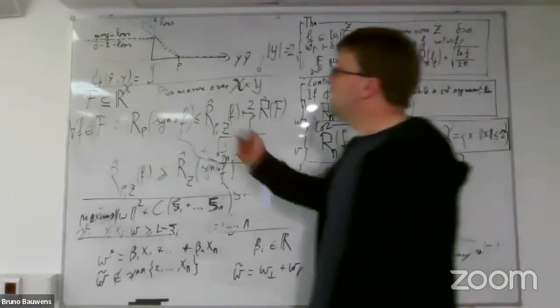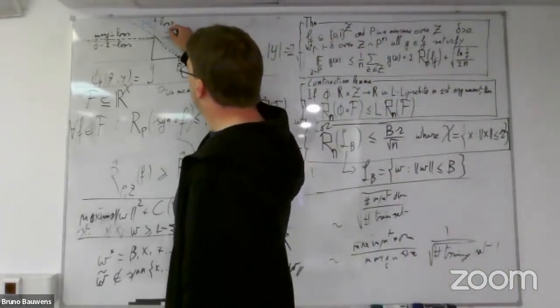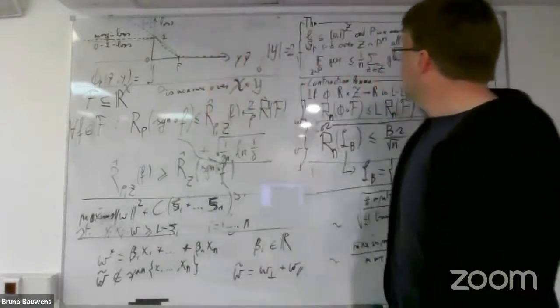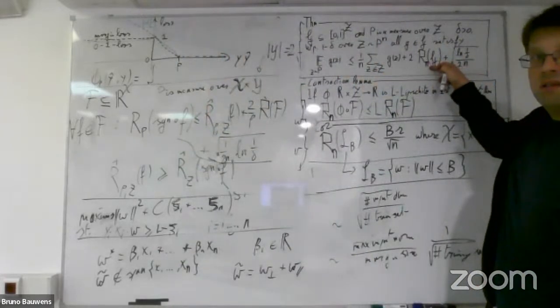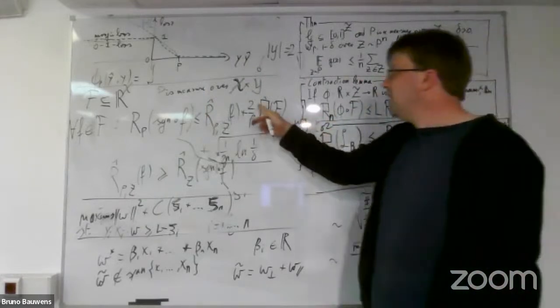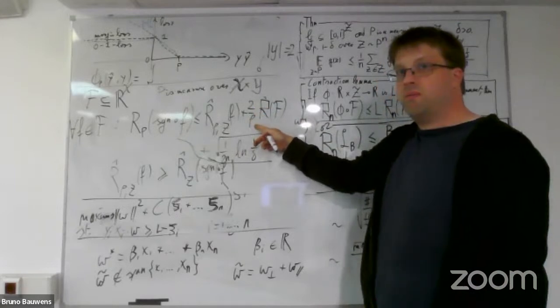Why? Because margin loss is a number between 0 and 1, so we can directly apply this theorem. And it's also 1 over rho Lipschitz. That's why we get not 2, but 2 over rho.